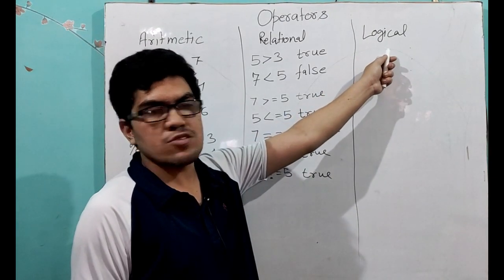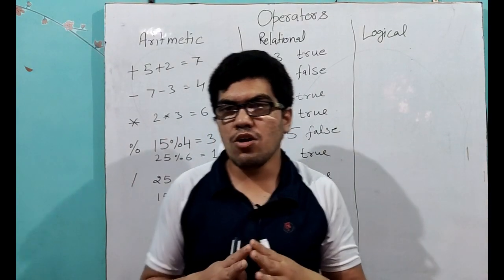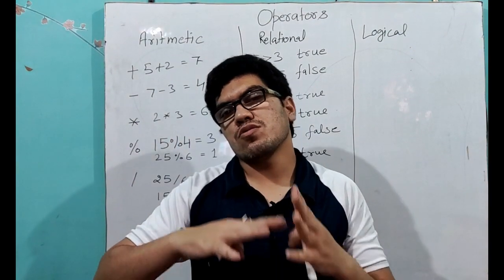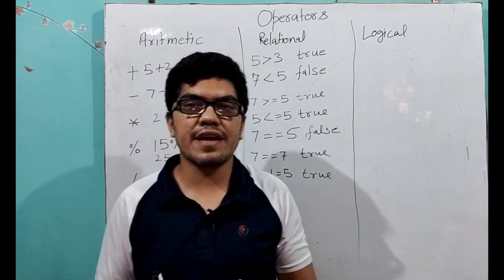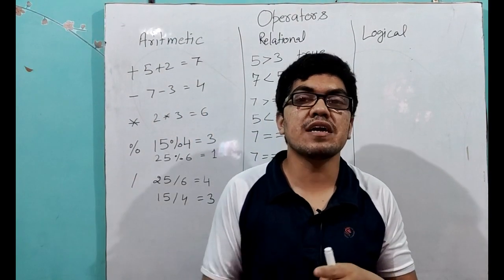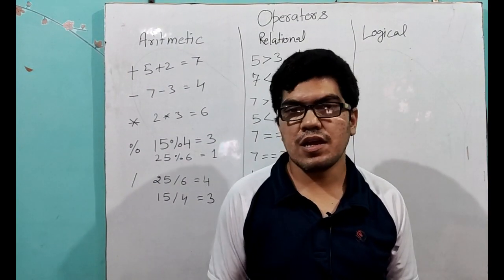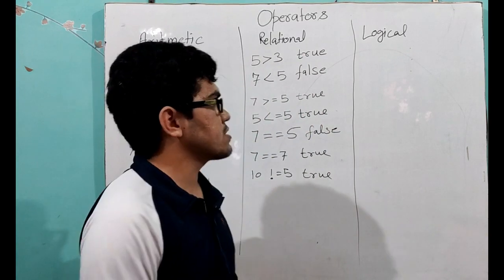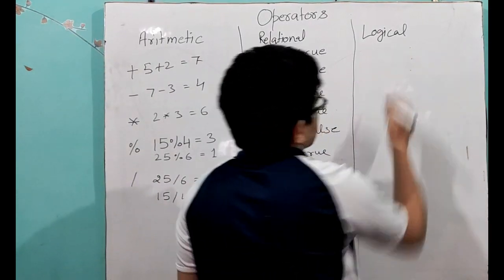Okay, let's move to the next operator, which is the logical operator. Logical operator is used for complex decision making. It means when we want to take a decision on the basis of many conditions, then we will go for a logical operator. Now in this video we will just go with the basics of logical operators.